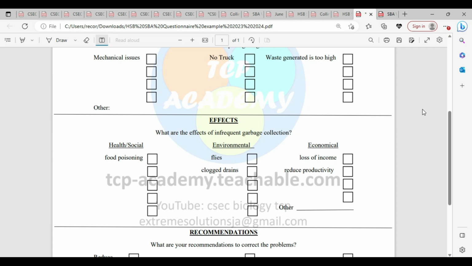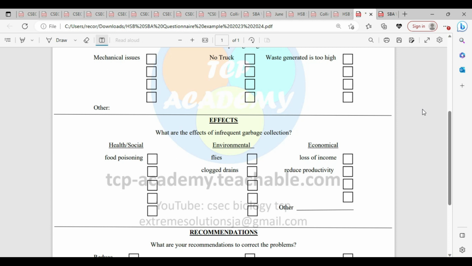Now, the environmental effects are more likely going to be leading to the health related effects for this particular situation. So if you have rats, then there's a possibility you might have a health problem of leptospirosis. Now, if you have flies, which is an environmental problem, you might have a problem of having dysentery.